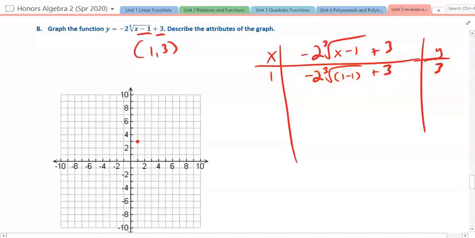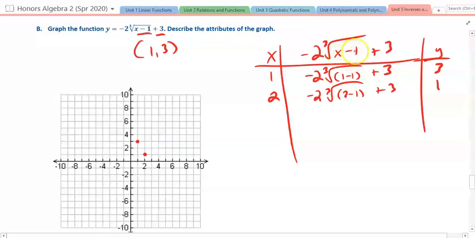So again, I'm looking for values that are going to be nice to take the cube root of. So again, we want to get numbers of like 0, 1, and 8. So what's going to give me 1 under here? So that'd be 2 minus 1. So I'm going to get 2. Cube root of 2 minus 1 plus 3, so that's 1. Cube root of that's still 1, gives me negative 2. Negative 2 plus 3 is 1, so I'm at (2, 1).